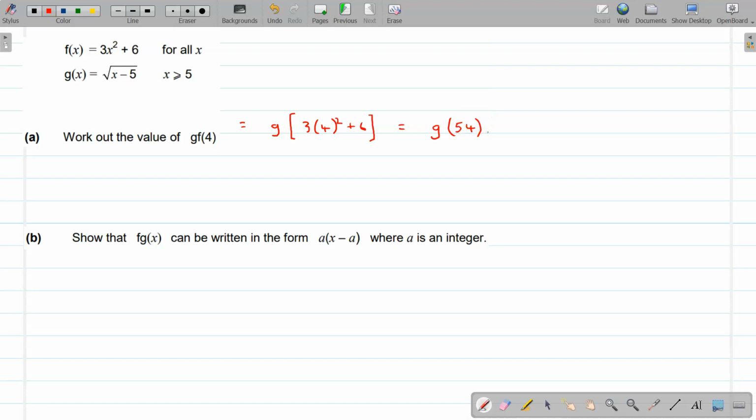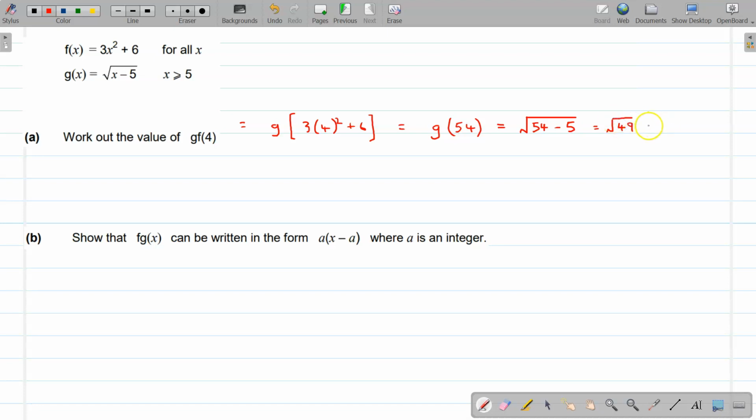Okay, and the function g of 54 is equal to the square root of 54 minus 5. Okay, and as you can probably see, that's very conveniently the square root of 49, which we know to be 7.